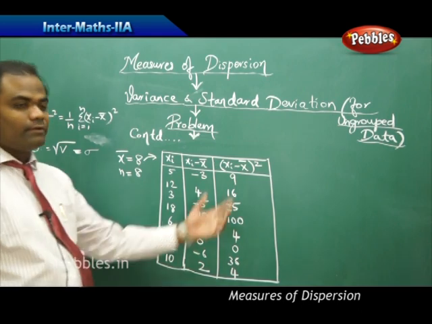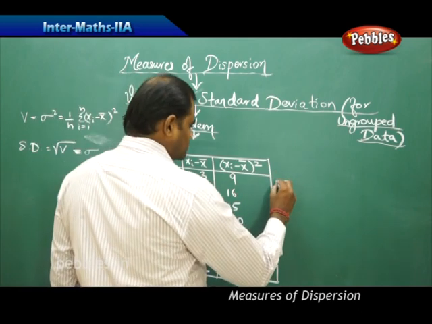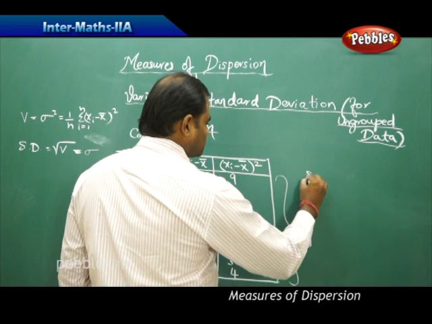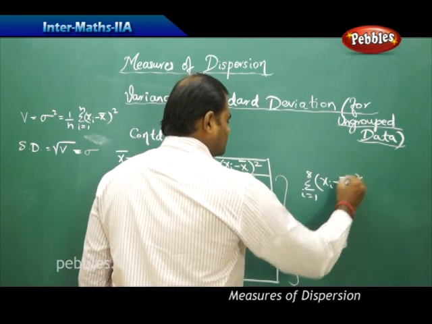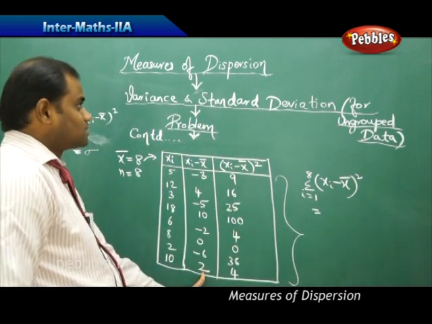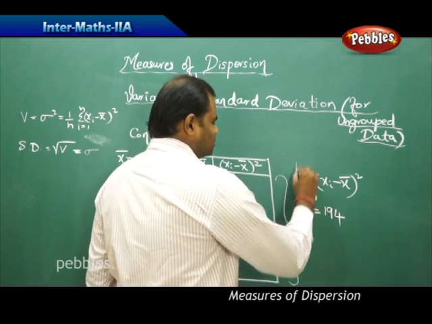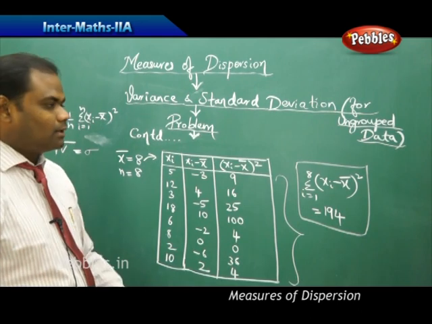So this is how we get the column. Now when I add up each of these, sigma i running from 1 to 8 of xi minus x bar whole square would be the addition of each of these, which gives me 194.